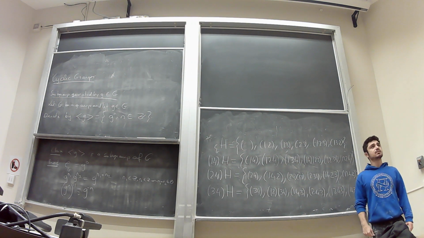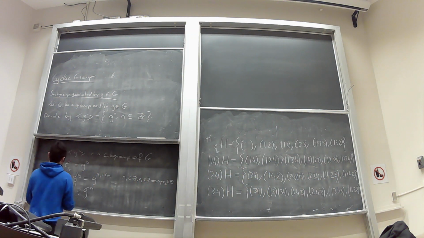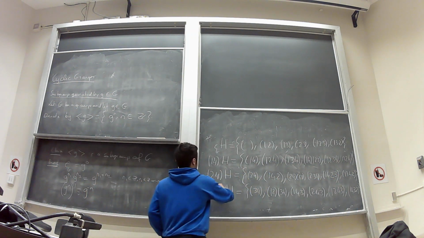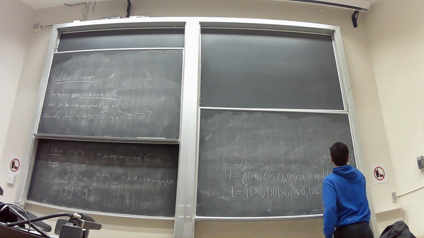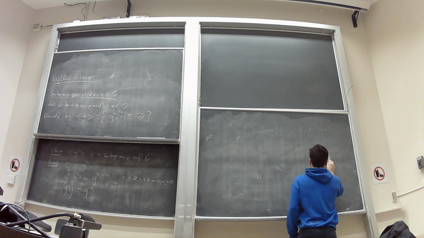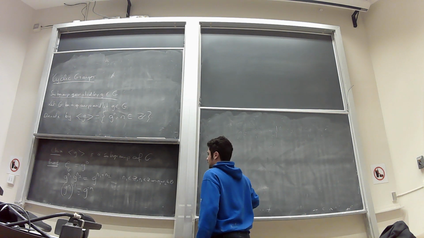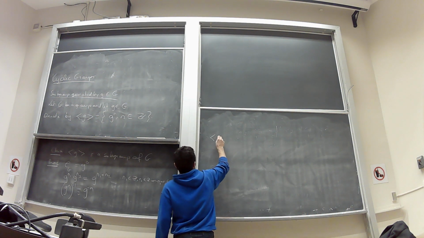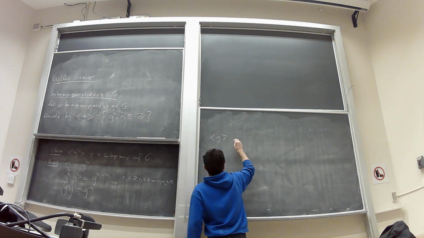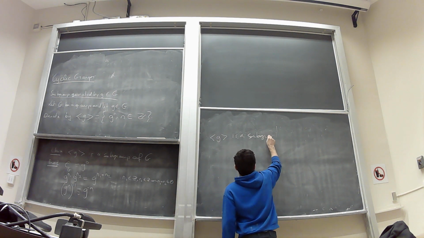Everyone, is this clear? So angled bracket g is a subgroup of G.